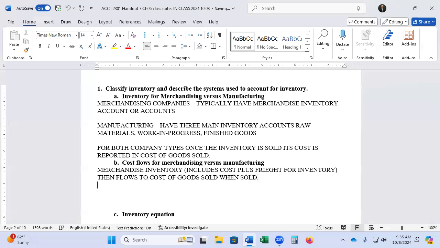Merchandise inventory includes, remember, the cost of the merchandise plus any freight. And then once that inventory is sold, the cost flows to cost of goods sold.